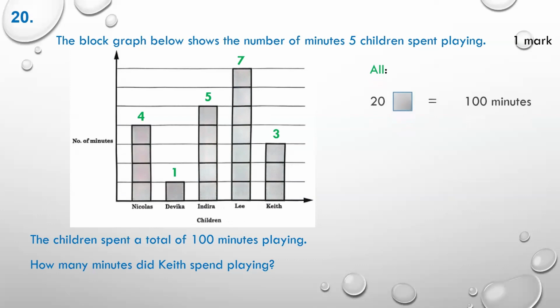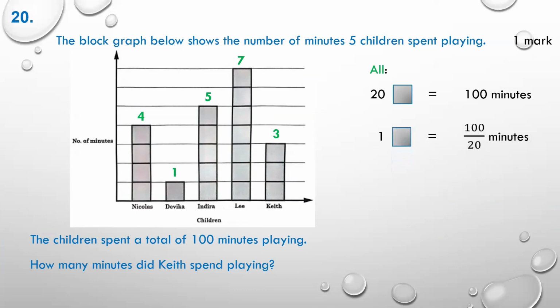So 20 blocks of playing time is 100 minutes, because the second line said that the children spent a total of 100 minutes playing. So 20 blocks of playing time was worth 100 minutes. So what is 1 block of playing time be? 100 divided by 20. And how many 20s can we get into 100?